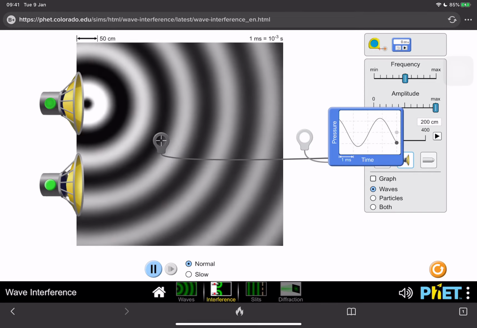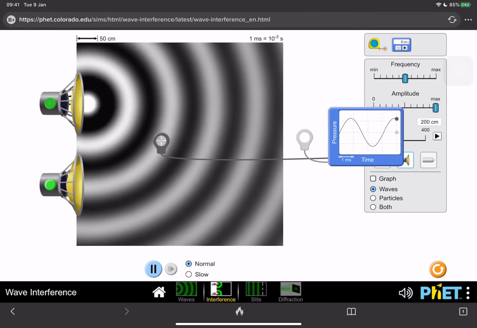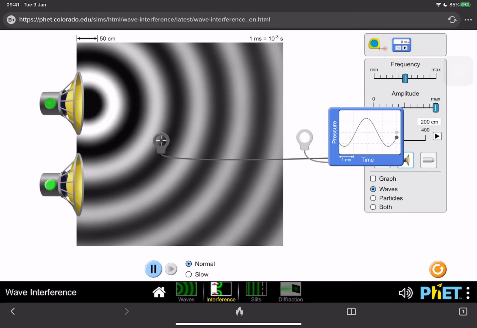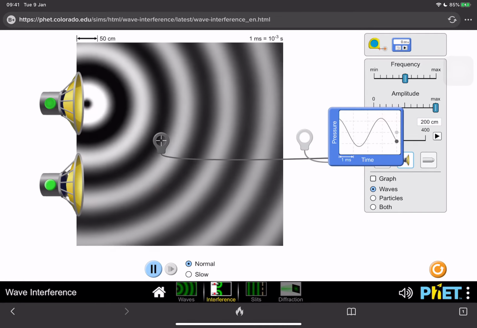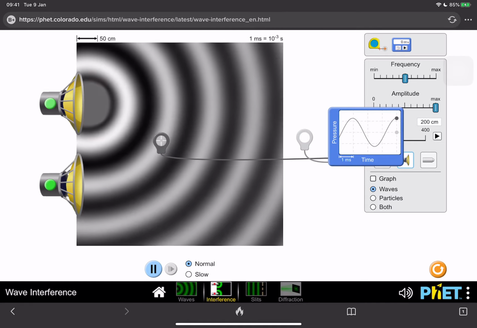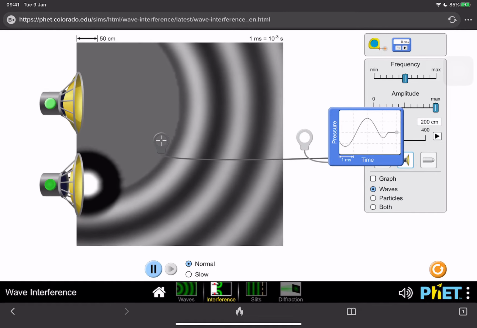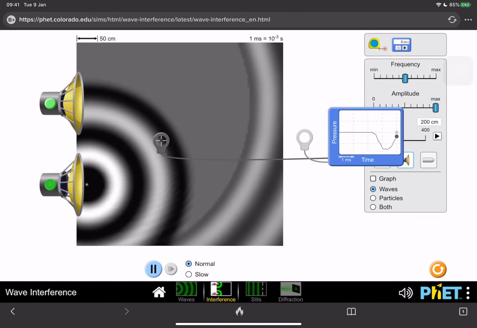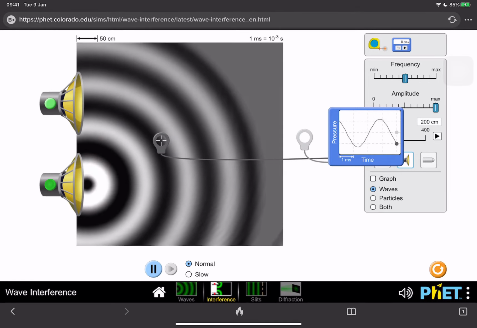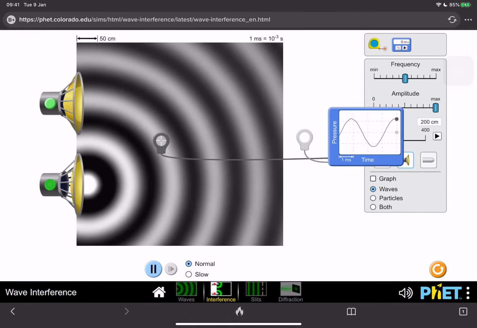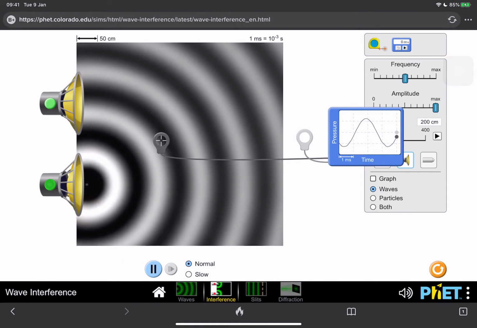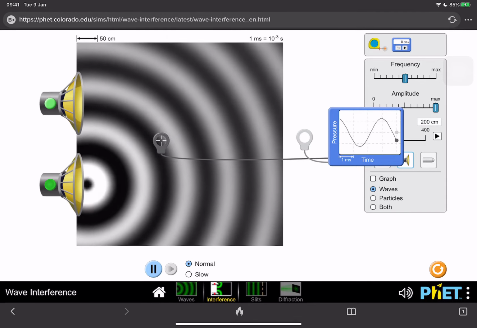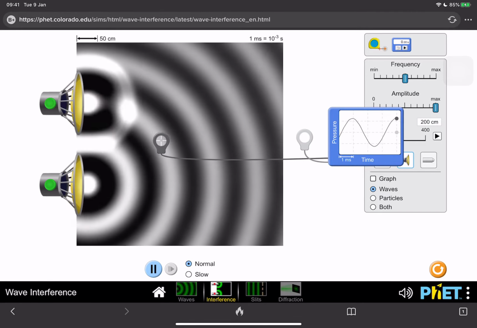Okay, so the wave we are seeing is coming from the top speaker, right, and going like this. Now if I stop the top one and turn on the bottom one, the wave I see is the wave coming from the bottom speaker. Now what happens if I turn on both at the same time?